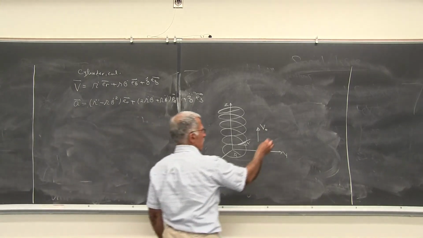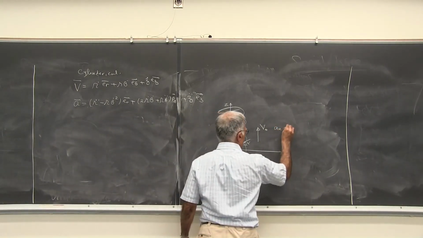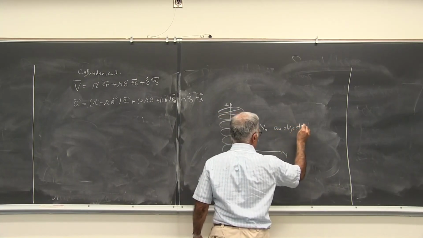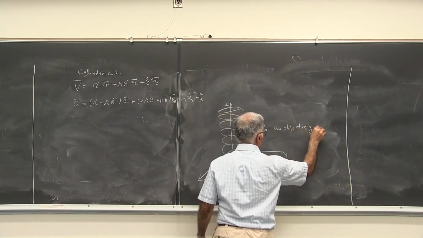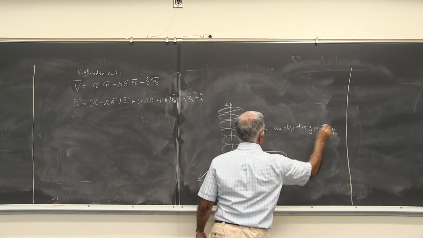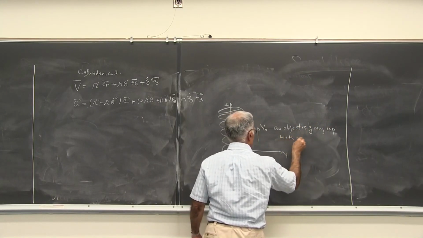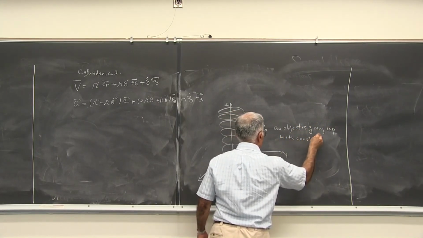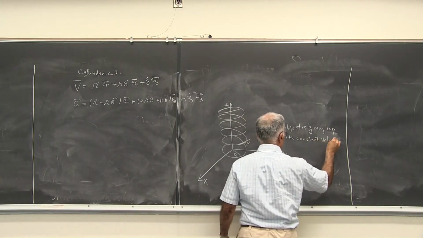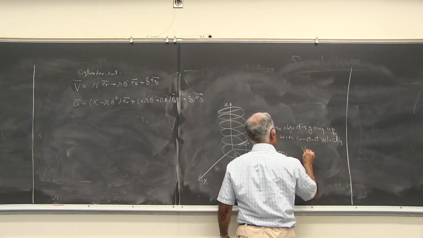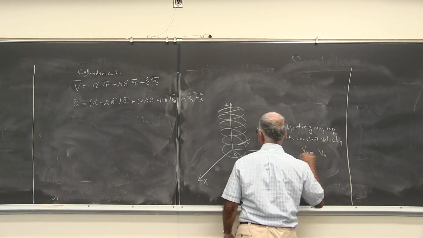So an object is going up with a constant velocity, which we call Vz, equal to V0.